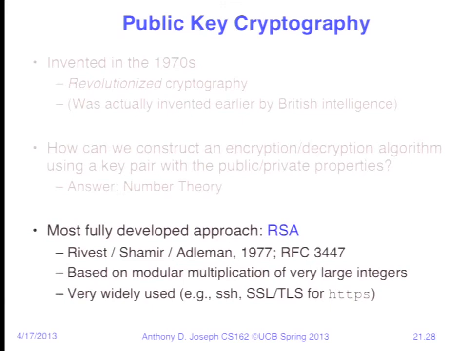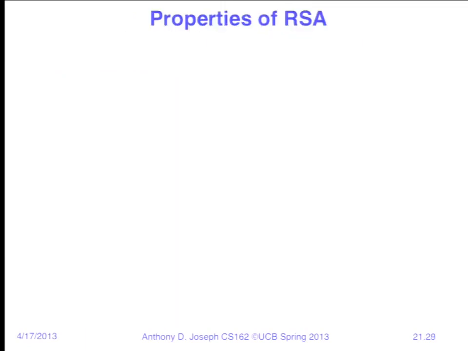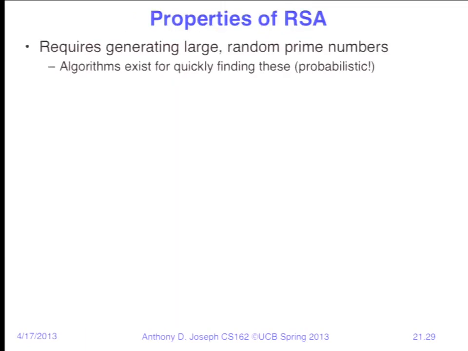SSH also uses it. So what are the properties? So the properties are, you have to generate very large prime numbers. This is actually really hard. But we have probabilistic algorithms that we can use to generate these numbers. Now, they're probabilistic because what that means is with high probability, the number they generate is actually a prime.